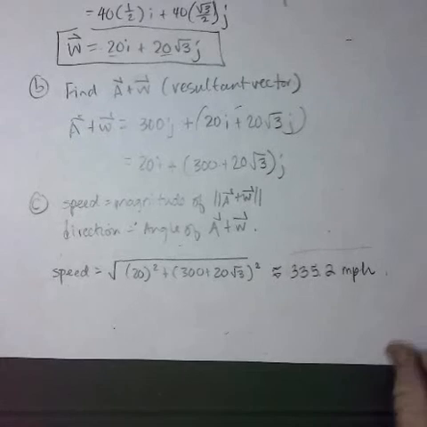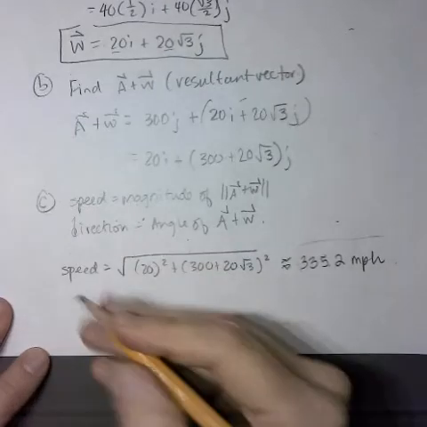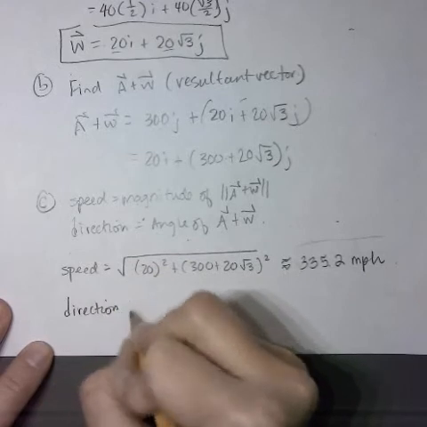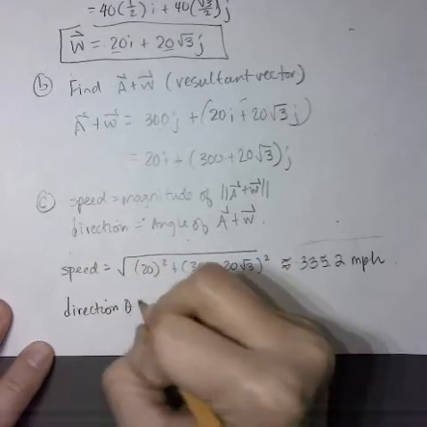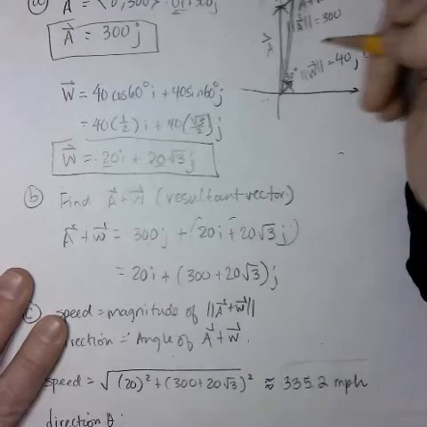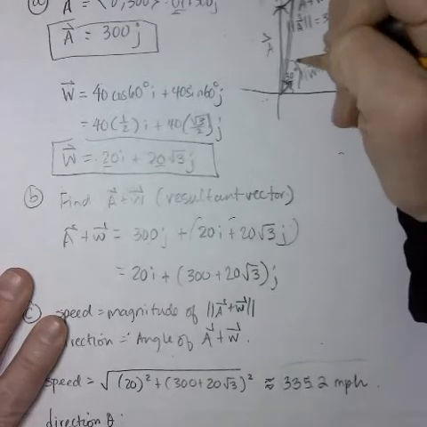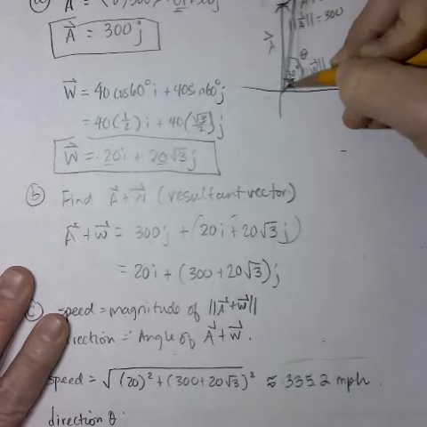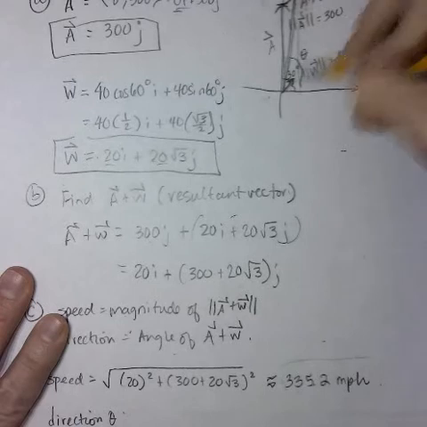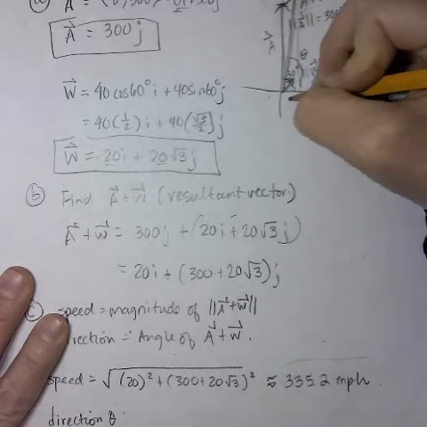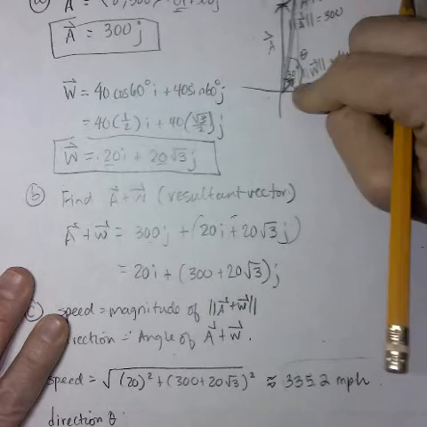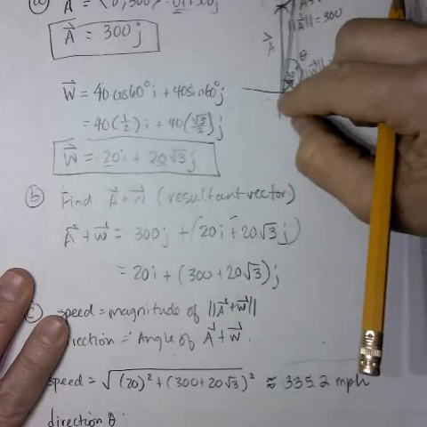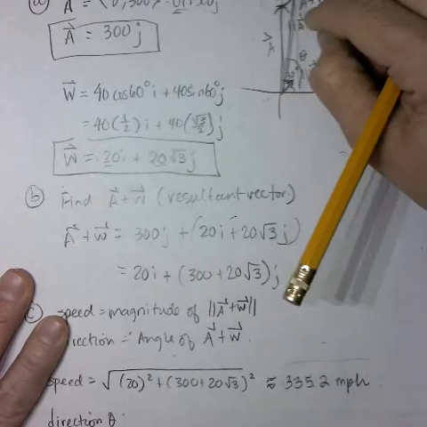And then the direction, how do we find that? We'll just find theta. So when I'm writing theta here, I'm talking about this theta. And so notice what we can do is use a right triangle. The tangent of theta should be opposite over adjacent. And the opposite will be the vertical component of vector A plus W, and the adjacent will be the horizontal component of that vector.